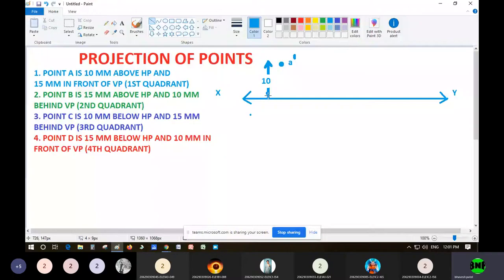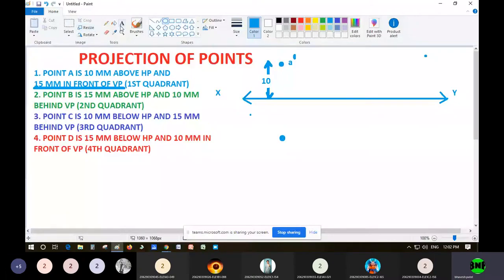Okay. Now it is 10 mm above HP, and the second thing you can see here is that it is 15 mm in front of VP. You can clearly see 15 mm in front of VP. So it is in front of VP, so the shadow will fall on HP and we have to rotate HP. So the other point will be A, and it will be 15 mm exactly below the XY line, approximately here. So you draw as per the dimension.